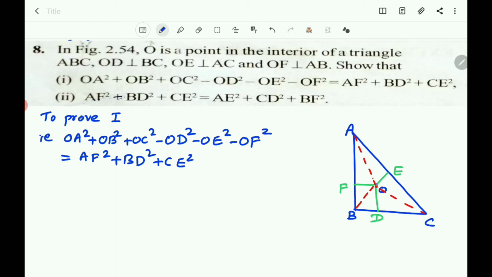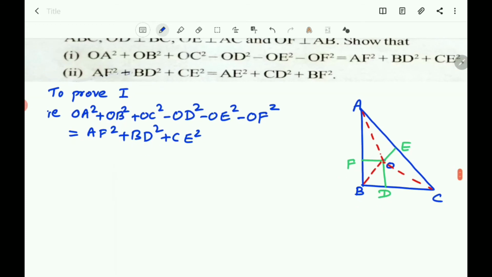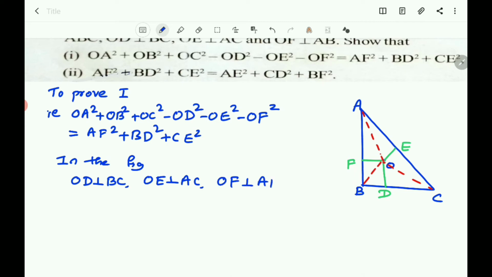Now here we have drawn an extra construction: AO, BO and OC are joined. In the figure, it is given that OD is perpendicular to BC, OE perpendicular to AC and OF perpendicular to AB.